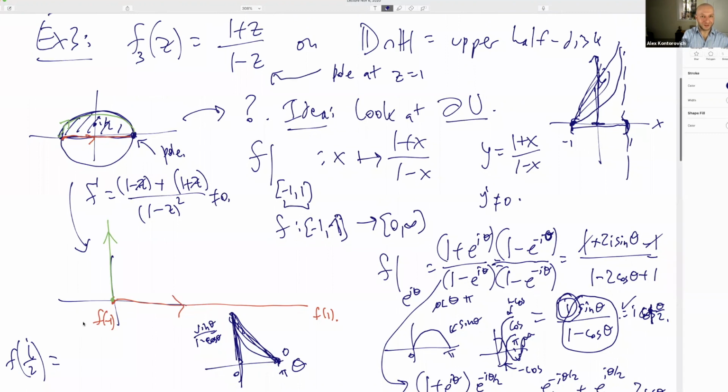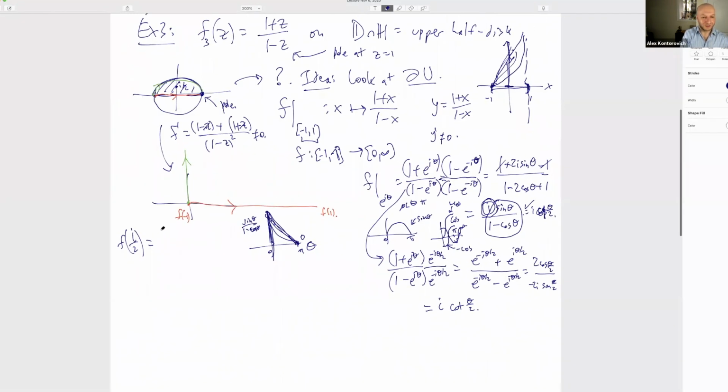Here, let me zoom out. There we go. Okay, I'm learning to use this. 1 plus I over 2 divided by 1 minus I over 2. How do you want to do this? Let's multiply the top and bottom by the conjugate, 1 plus I over 2.